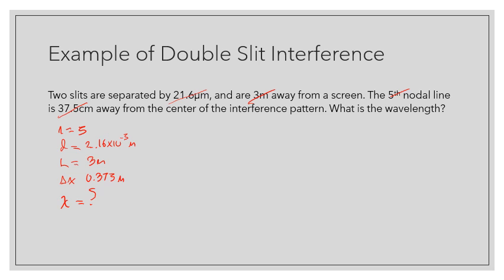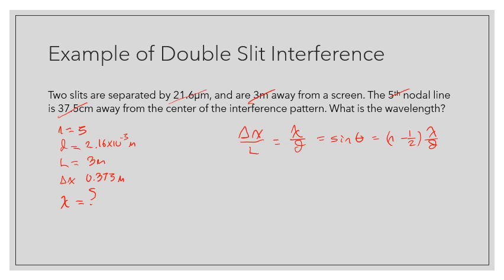So what is the wavelength? So we have the equation delta x over L is equal to lambda over d. So this is actually equivalent to sine theta, which is also equivalent to n minus 1/2 times lambda over d, which we learned last time.